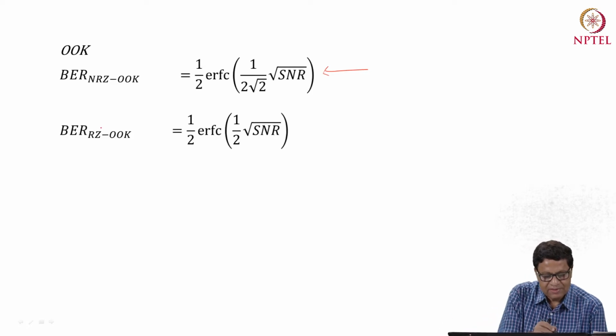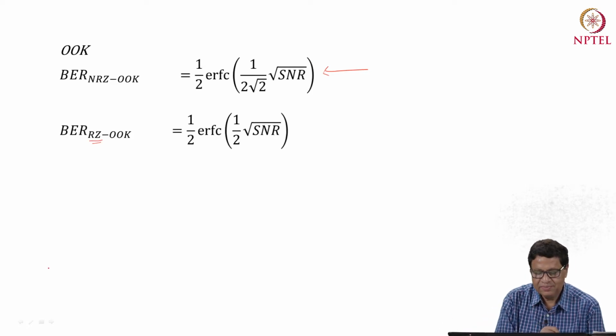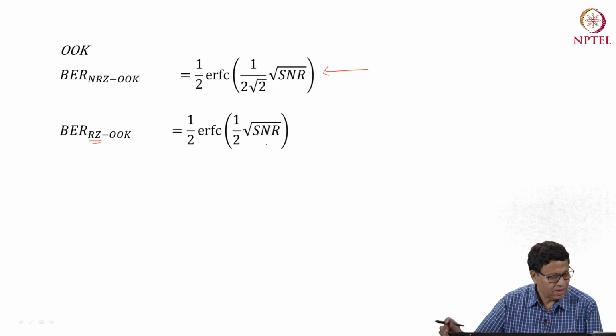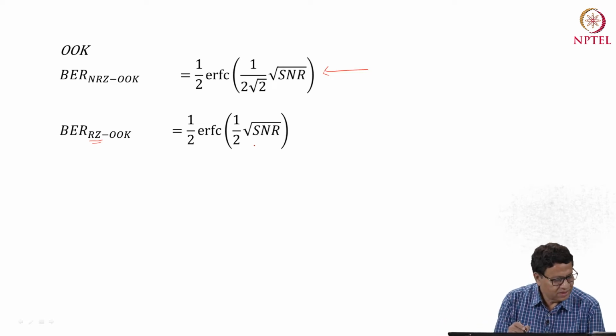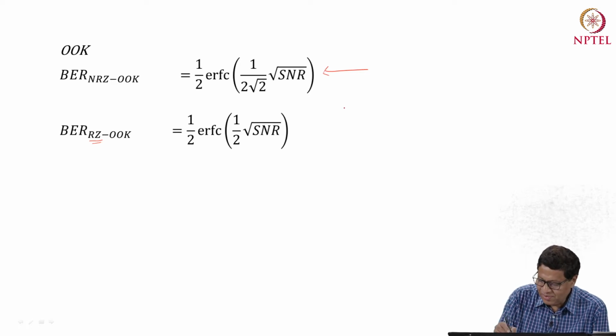And if I replace this by RZ, this becomes half erfc of 1 by 2 root SNR. So as you see, in RZ, the required SNR is half, or minus 3 dB, of the SNR of the NRZ for the same BER.